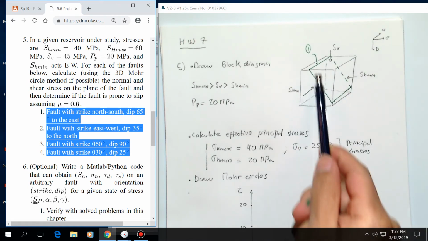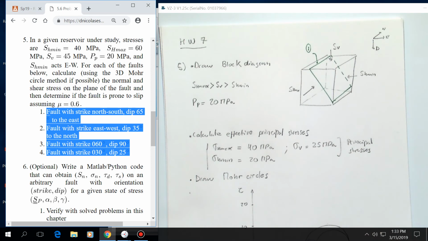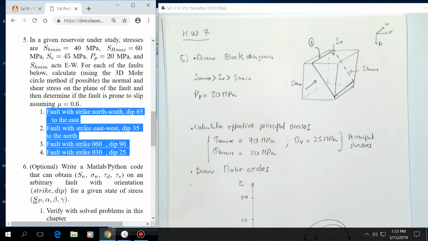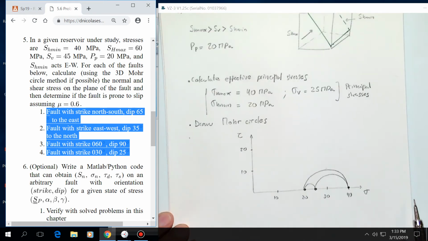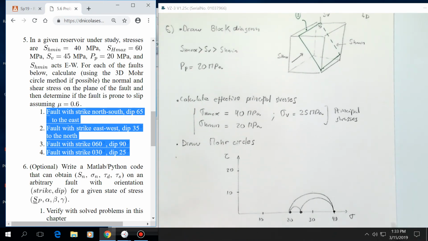So that's another plane of SH min. And therefore, if you want to see where that plane is in a Mohr circle, you're going to have to go from the plane of the maximum stress to the minimum stress. In this case, which one is bigger, SV or SH min? SV, right? So that plane of SV is this, sigma V.